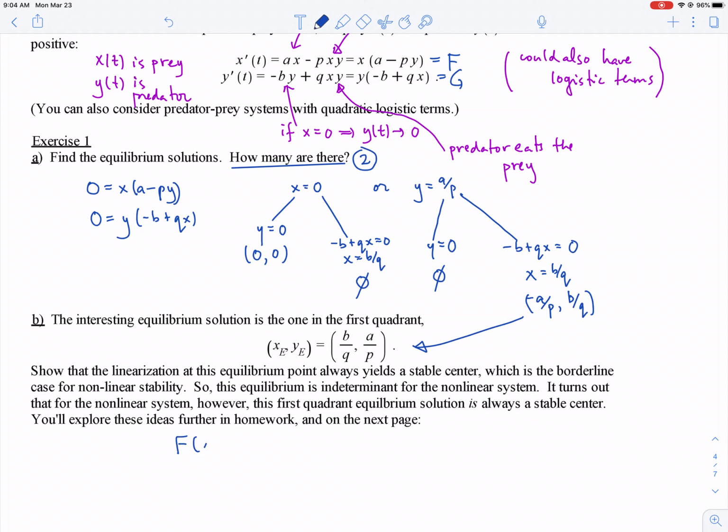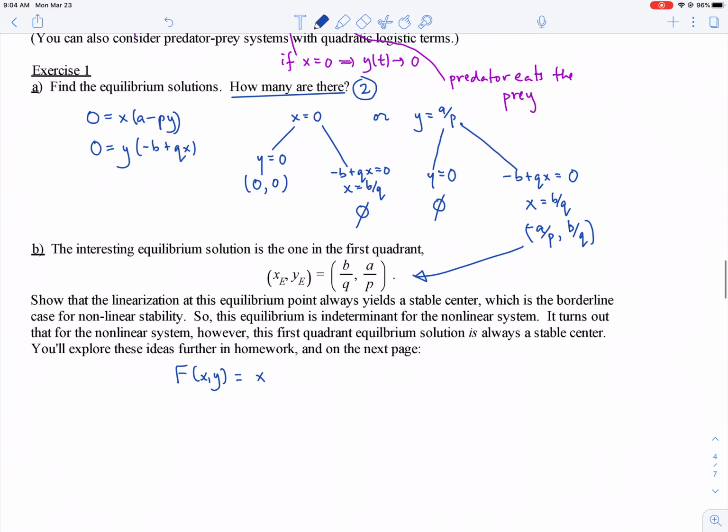So I'll rewrite f and g here so that we don't have to keep scrolling the screen. f of x, y is ax minus pxy. And g of x, y is minus by plus qxy.